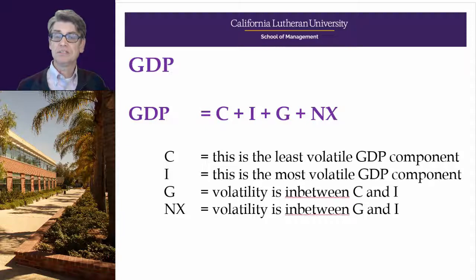So in GDP, consumption is the smoothest, by far, indicator. Investment is by far the most volatile indicator. Government expenditures, the volatility of that is somewhere in between consumption and investment. And net exports is more volatile than government expenditure, but less volatile than investment.